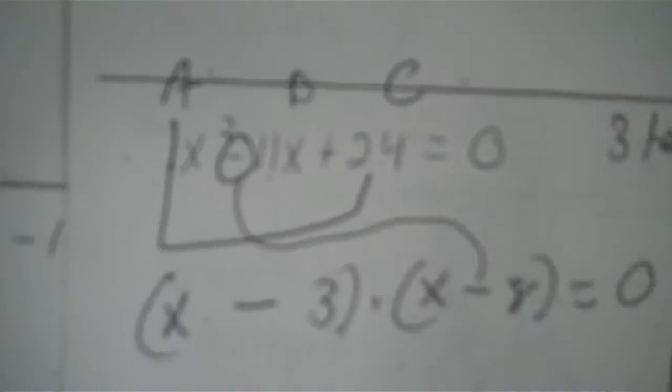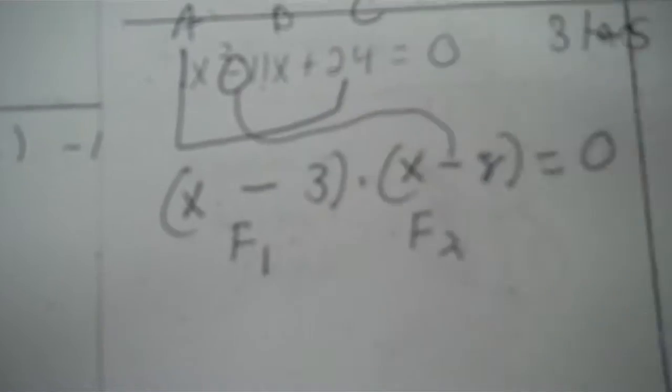Okay, so if that's minus, then I got to be minus as well. So that's factor 1, and that's factor 2. So factor 1, x minus 3 equals 0. Factor 2, x minus 8 equals 0. So I plus 3, 1x equals 3. Plus 8, 1x equals 8. So 3 and 8 are the two answers.